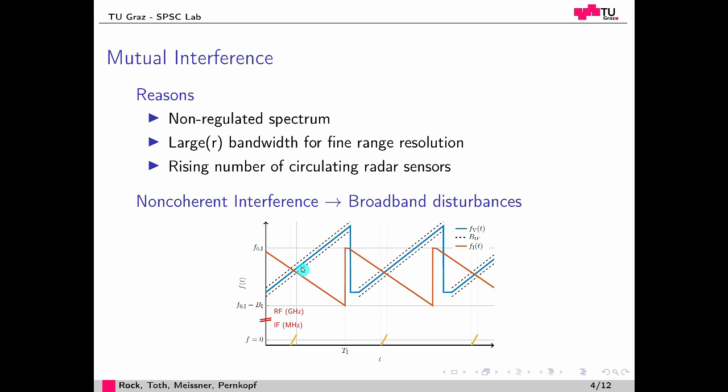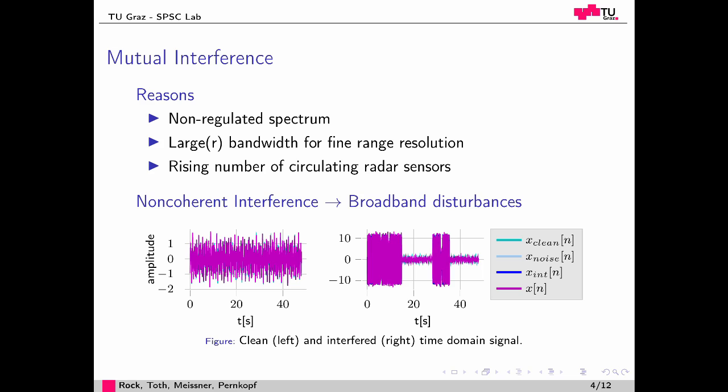In the figure in the bottom, you can see in blue the frequency course of the victim radar, in red the frequency course of the interfering radar, and in yellow the resulting intermediate frequency interference that is generated right at the ramp crossings. This is a simulated signal in time domain, on the left side clean and on the right side with interference bursts.